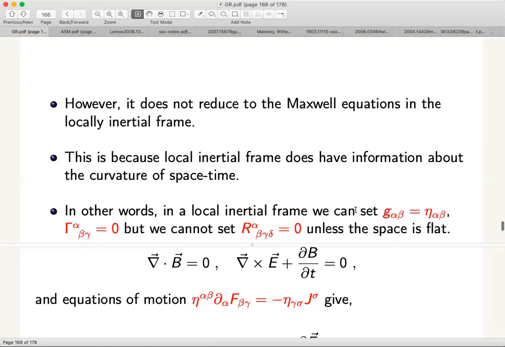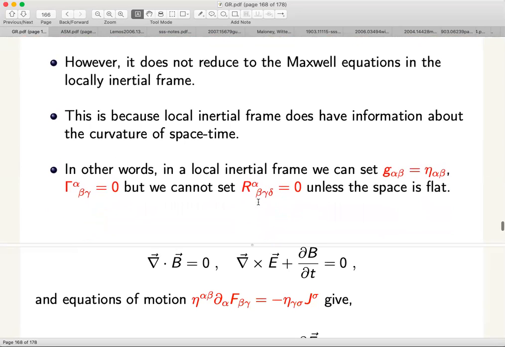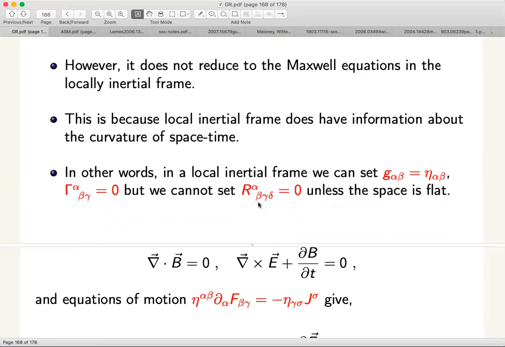In other words, you can set g alpha beta equals eta alpha beta, you can set gamma equals 0, but you cannot set R alpha beta gamma delta equals 0. This is some exercise which we did earlier, that coordinate transformations have a sufficient number of parameters. You have 16 parameters in fact, to set these 10 quantities to whatever values you want.